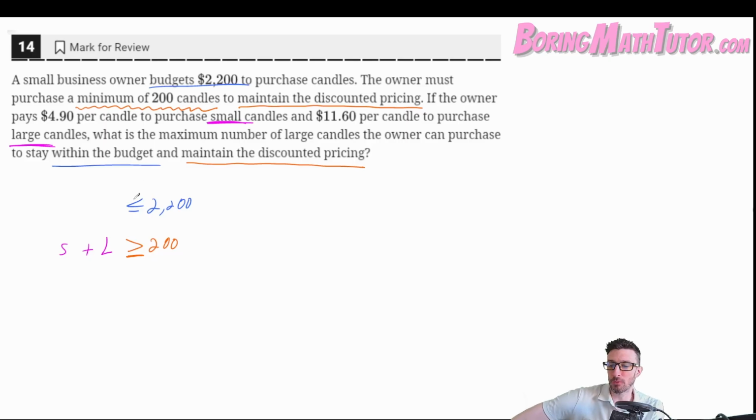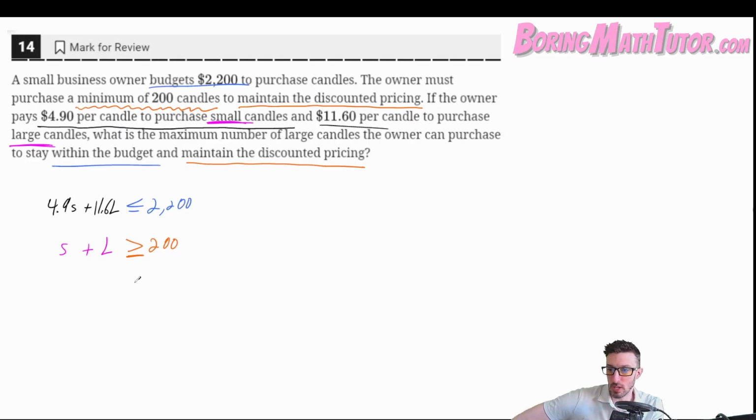And then as far as the $2,200, well, how is that going to go down? It's going to be 4.90 times the number of small candles, so that's 4.9S, plus 11.6L. And that has to be less than or equal to 2,200.